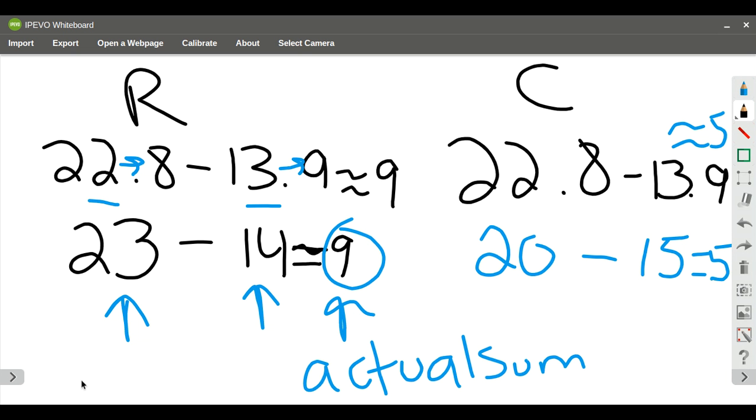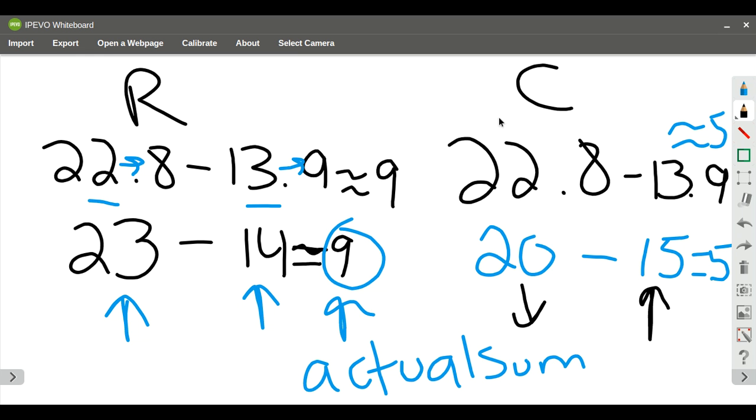So this is your actual sum. Whereas when I look here, I rounded down. I rounded 22 and 8 tenths down, but I rounded up here. But because I rounded down, and I rounded down a larger value, right? I went down 2 and 8 tenths. So that's a large amount. 13 and 9 tenths, I only went up 1 and 1 tenths to get to 15.